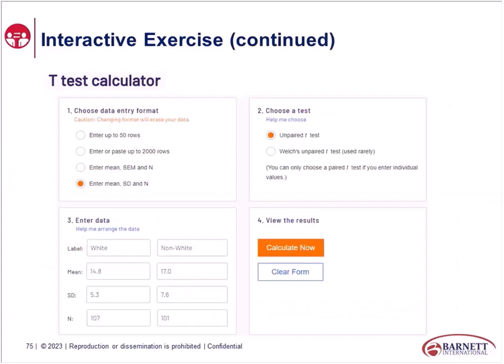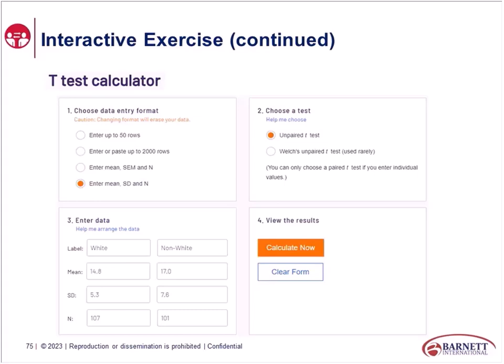Okay, so interact with the t-test calculator. The nice thing about QuickCalcs, I get no royalty. I'm not supporting them. I'm just showing you a way to actually do your own basic analyses without always having to go to a statistician or doing it in Excel, which is inefficient.